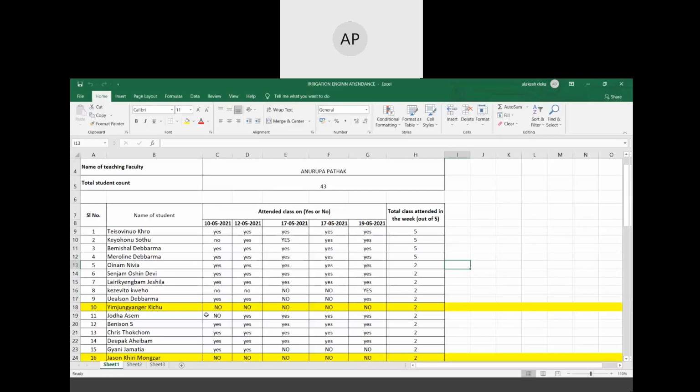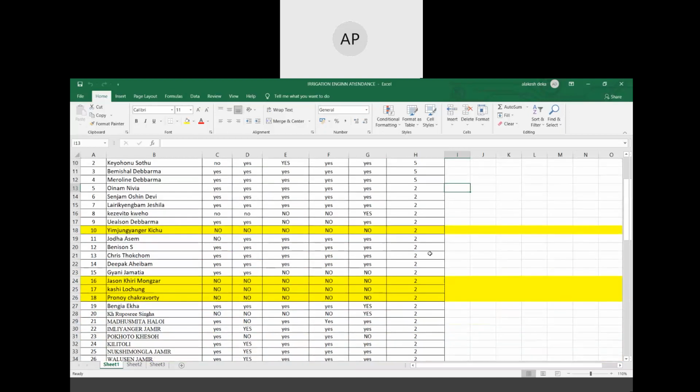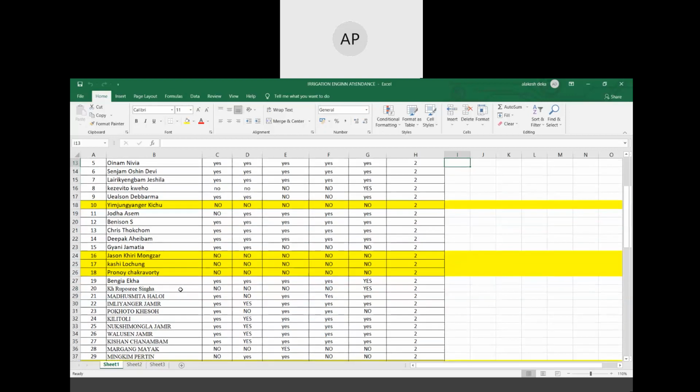Okay, so Yumjangar Kichu, today he is present or not? Absent. And Jason Kiri Mongjar, he didn't do any classes. Next is Kasi Losu, totally absent. Pranoy Chakraborty, totally absent.